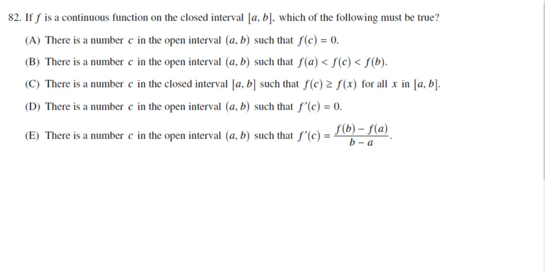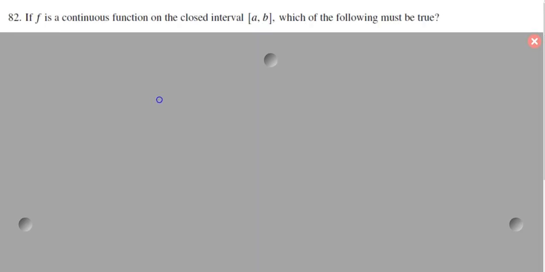82. It says if f is a continuous function on a closed interval AB, which of the following must be true? This is a theorem question, and so when we see these questions, you've got to do your best to not look at your options, because you'll end up talking yourself into all of the options. So here's what you need to do. You've got f is continuous on a closed interval, and so you have to think, okay, what theorem's conditions is that? And that is extreme value theorem.